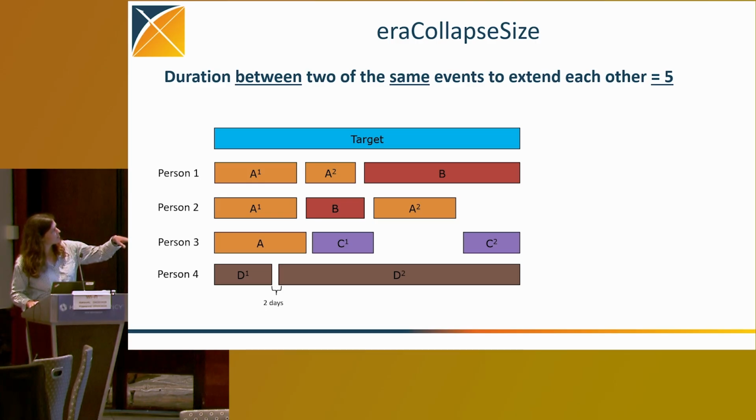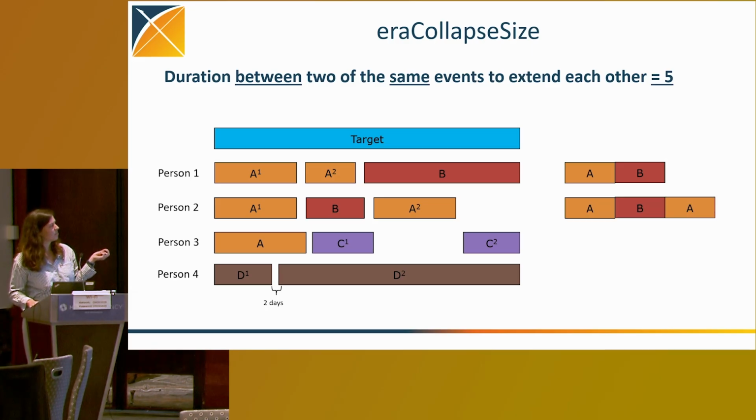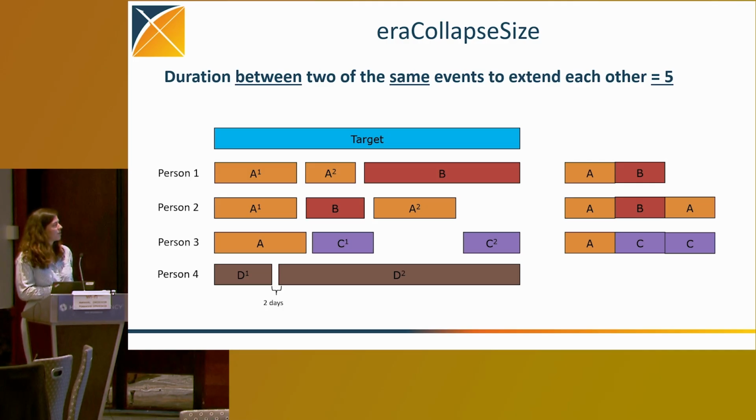Here, looking at person 1, it allows you to focus on AB instead of A1, A2, B. For person 2, this translates to ABA. And for person 3, because you chose a number of 5, you still see that there is a repeated treatment. Because here the period between is longer, and so we actually infer this as a stop in treatment and a start again. Of course, this is dependent on the type of disease you're studying and if this is desired or not.